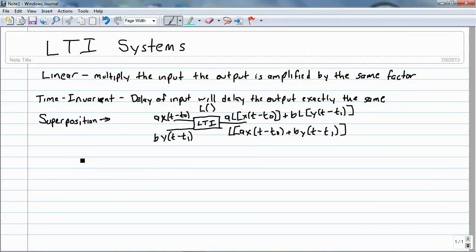So superposition, let me write it out here again so that I can put an equal sign with it, looks something like this, where you have some output response that works on both inputs, and that's equal to what you get if I look at each of them separately.